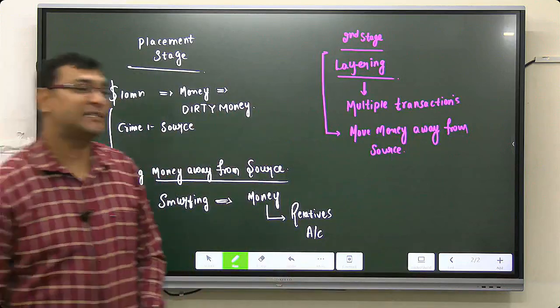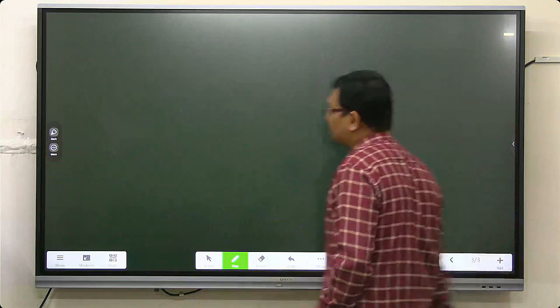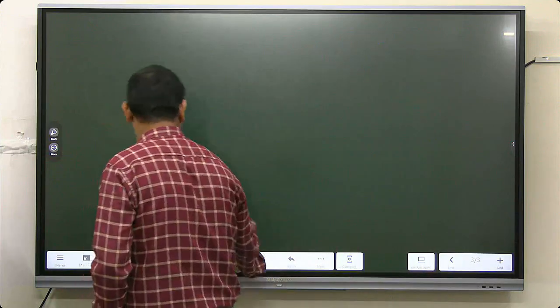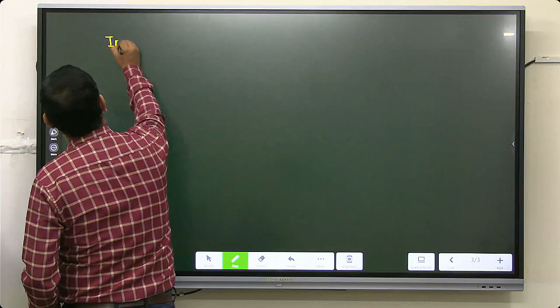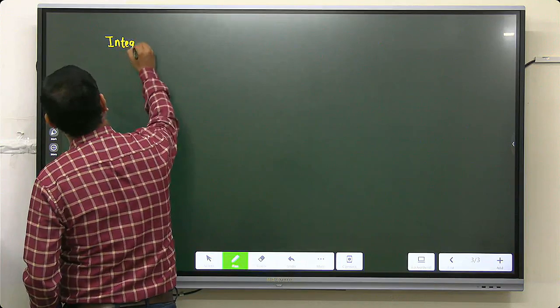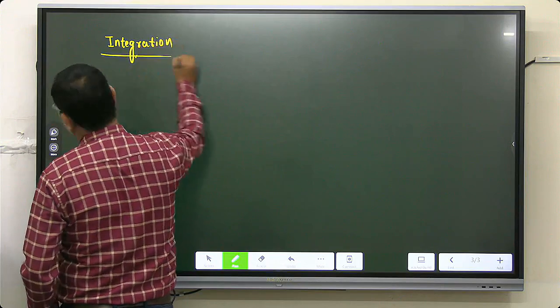This was up to here we have seen. This is what your layering stage. Now we will see integration stage. So what we'll do in the integration stage? See here. In the integration stage. Now from here you have to write integration stage. Right, clear?